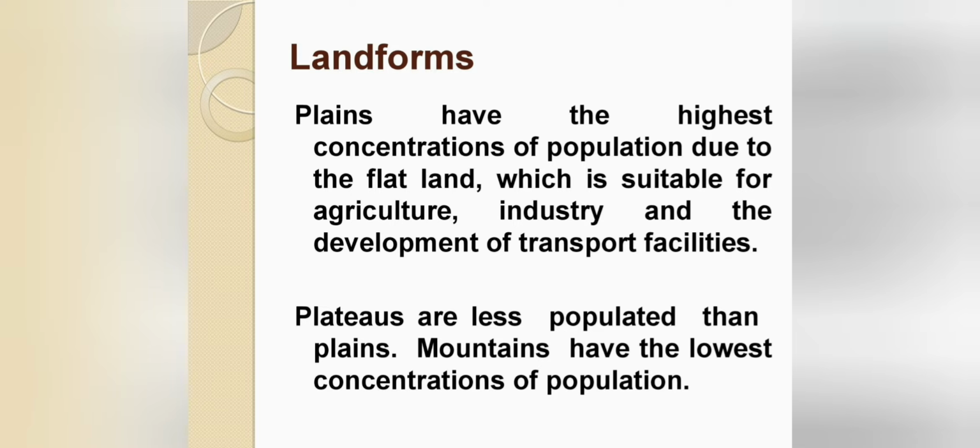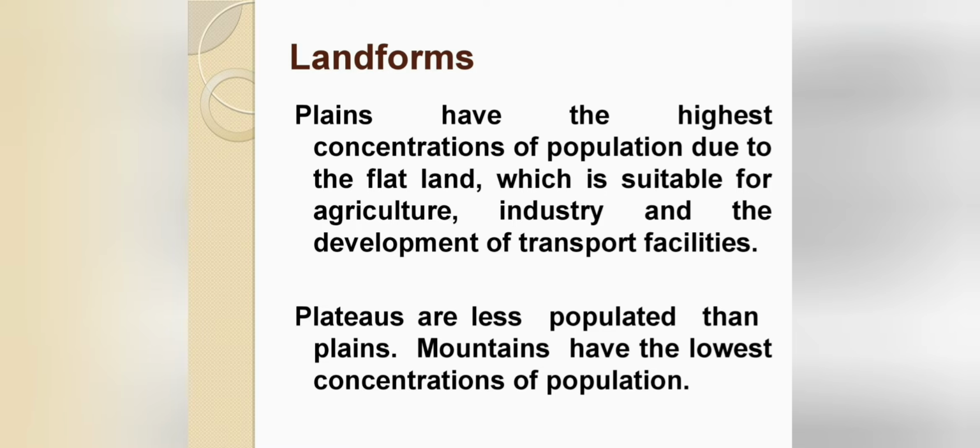Plains have the highest concentration of population due to the flat land, which is suitable for agriculture, industry and development of transport facilities. Okay, so if you see in the whole world, maximum concentration of population is in the plain areas.